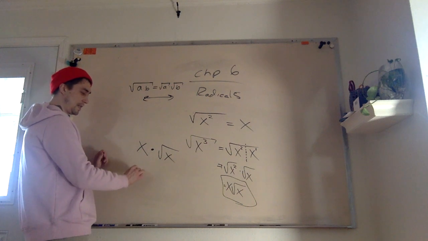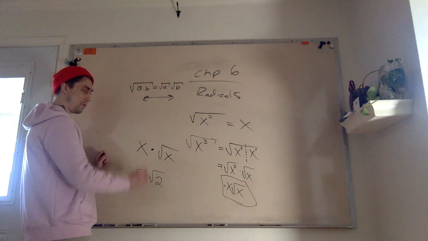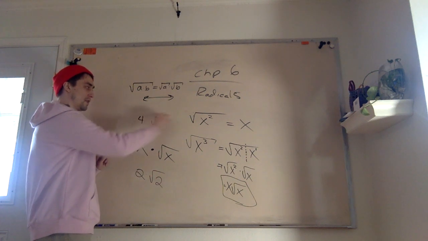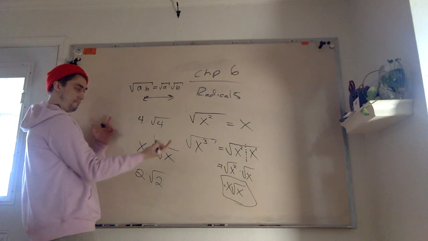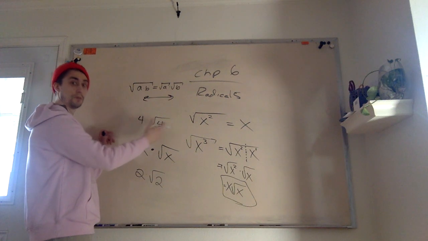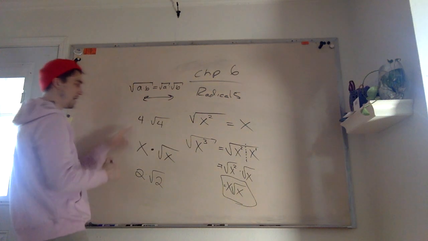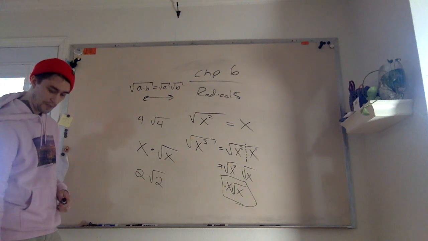It's like saying 2 times the square root of 2, or maybe 4 multiplied by the square root of 4. If x was 4, then x root x would be 4 times root 4, which is 4 times 2, which is 8. So x and the square root of x are two totally different numbers, which can get convoluted.